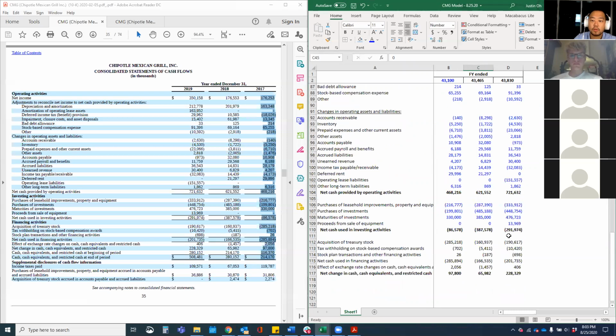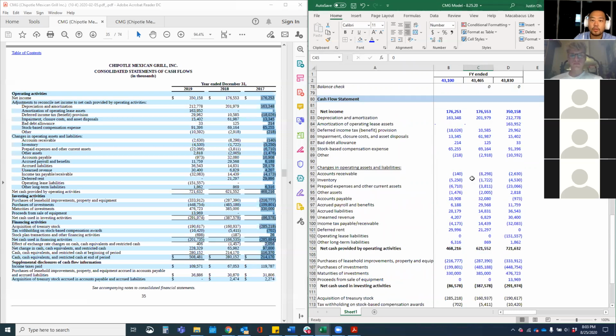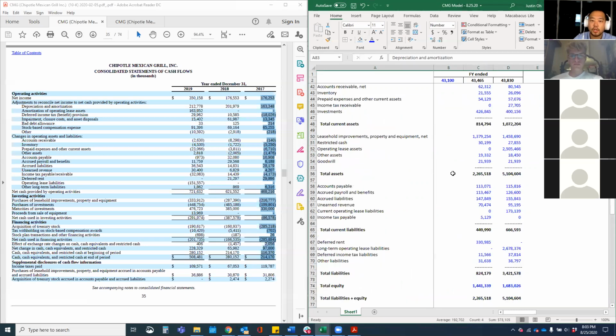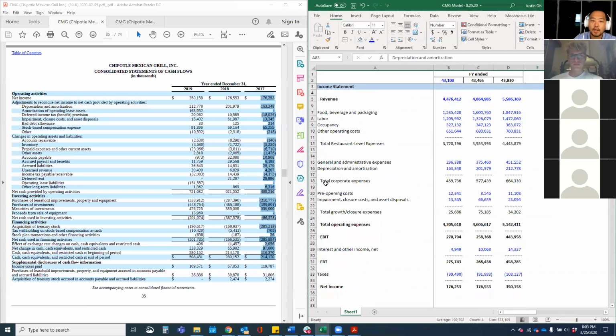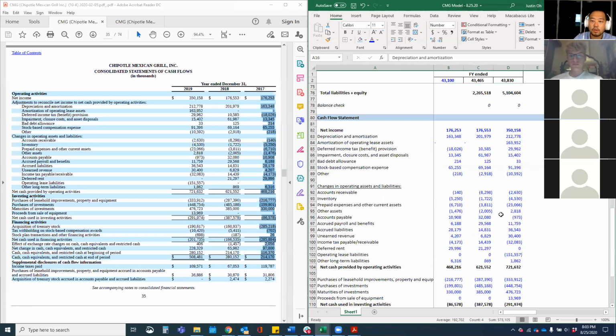Yes, that's true. But a lot of times depreciation and amortization is not split out on the income statement. So there are key items here that you'll want to see historicals of, to drive them from here. Does that make sense?